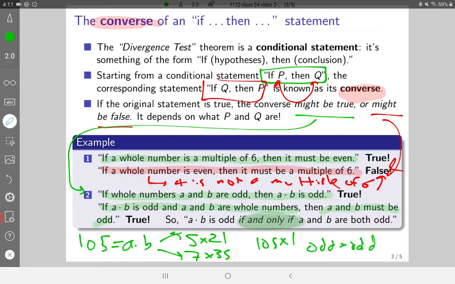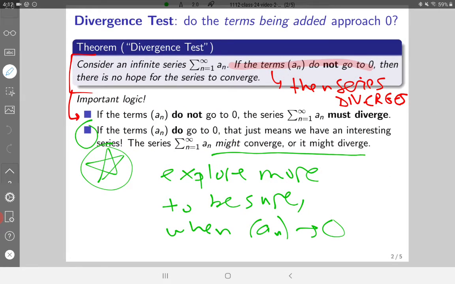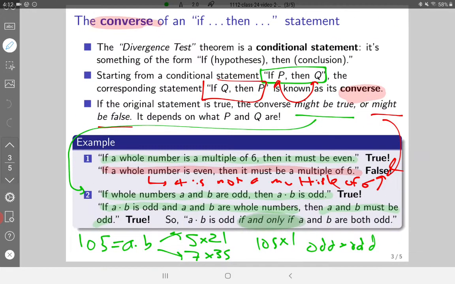And that's a different situation than what we had up here with the multiples of 6 and even. And so hopefully all of this is more evidence to remind you that just because the statement up in the theorem box is true does not mean I can turn the logic around and assume that the converse will be true. Because sometimes it is, and sometimes it is not.